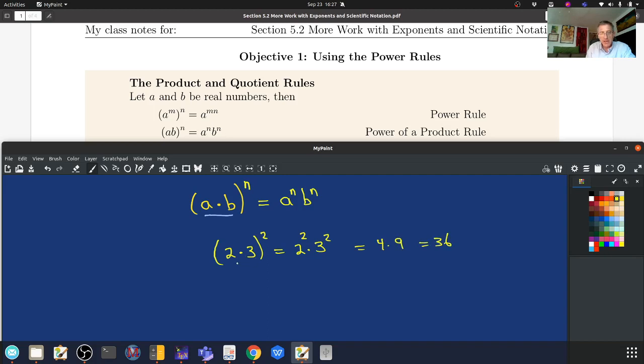So here's my base. My base is a product. In this case, 2 would be A, and 3 would be B, and I'm squaring it. And this is just an application of the rule, where in this case n is equal to 2.